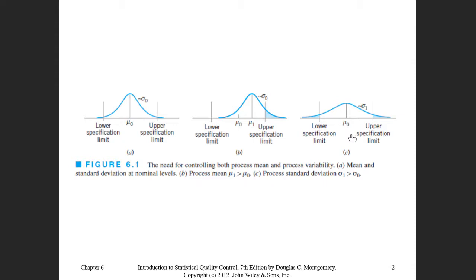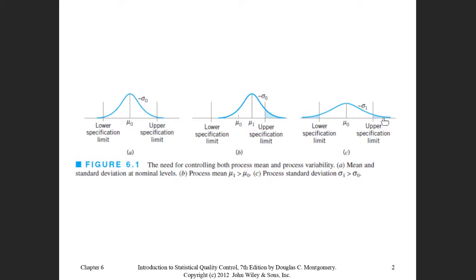And in the last figure, C, we see that even if the mean is meeting the mu naught, the variation or the variability is too high, and that's why the standard deviation is greater than the specified standard deviation, and we see the spread is exceeding the limits.